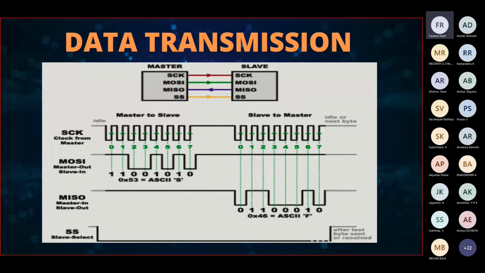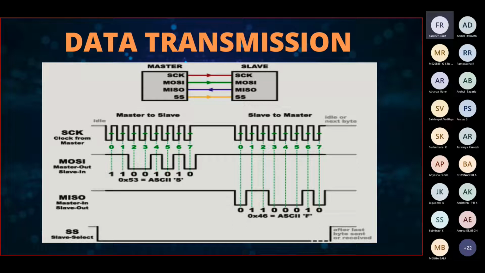Yeah, nice. So it's positive edge triggering basically. If you have any confusions, you can see the arrow and the dotted lines, that might help you. And one more thing which I want to say is, if you see the MOSI line at the first positive edge, the data doesn't change.